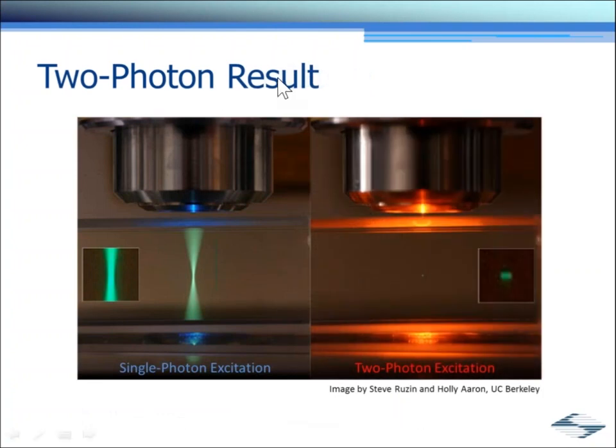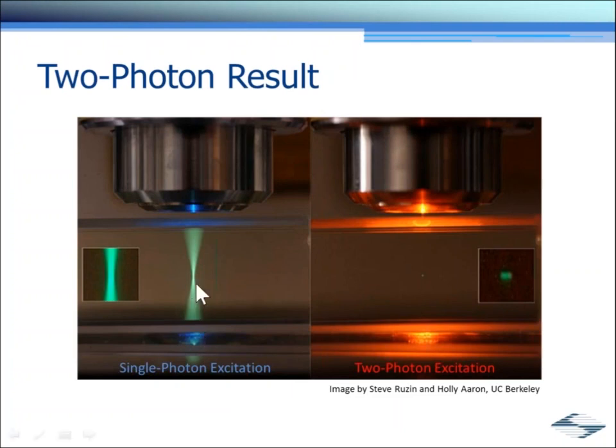So what does that look like? Here in this image, we see an image on the left and another image on the right. The image on the left is showing a single photon excitation beam traveling out of the objective above and traversing downward. We see the beam going all the way through this fluorescent medium.